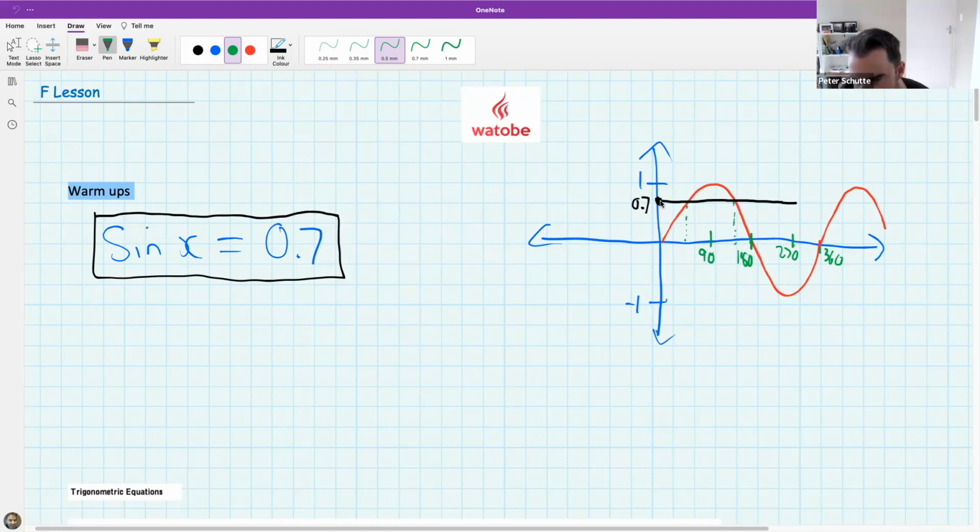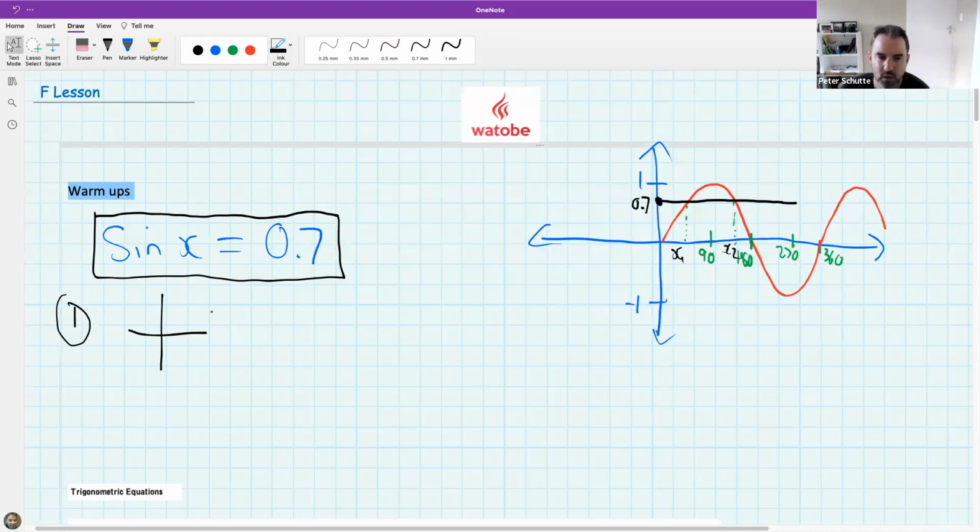So what we need is a method for figuring out what the answers are here. We'll call that answer number 1, x1, and we'll call this answer number 2, x2. Now, if you don't understand, that's not a problem. Let me teach you this wonderful process. So step number 1 is we are going to decide in what quadrants sine is positive.